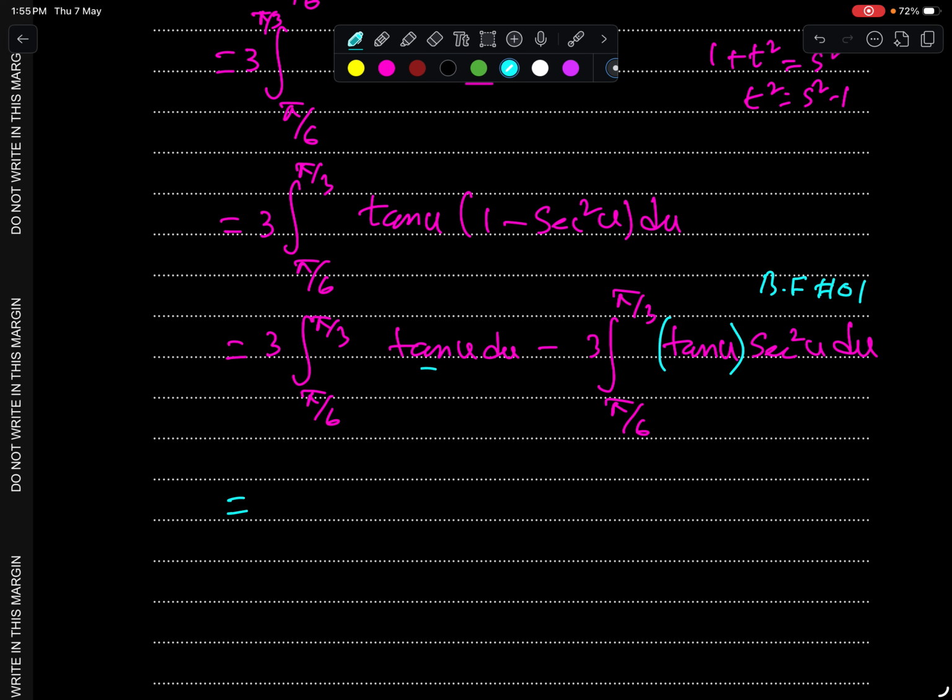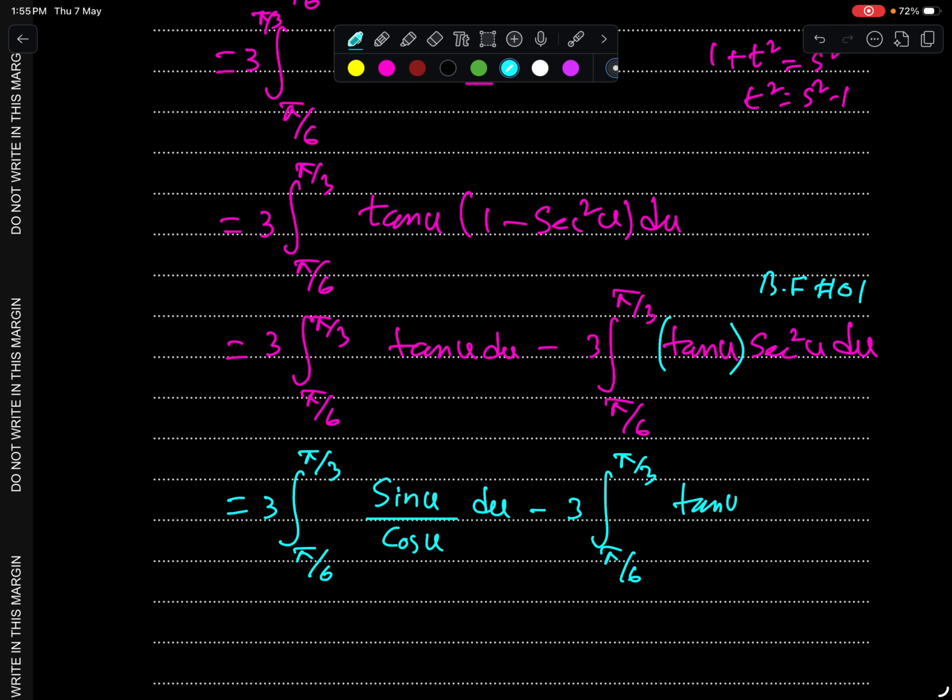Now integrate tan u. It's not easy to integrate tan u. To integrate tan u, write tan u as sin u upon cos u. Tan u power 1, just copy this. We will integrate both simultaneously.